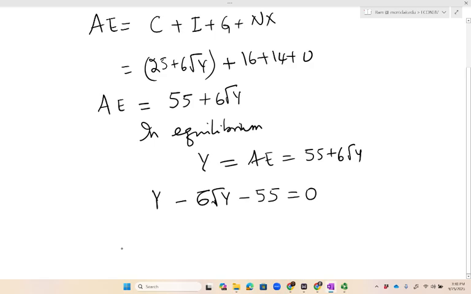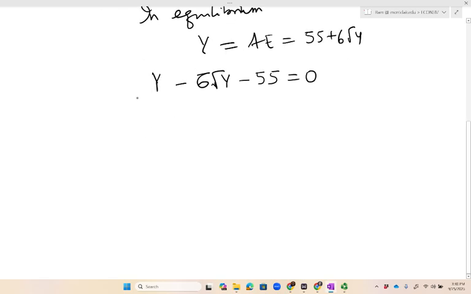Just to see how we are able to solve it, I will rewrite this equation slightly differently. I will write y to be the square of square root of y, minus 6 square root of y minus 55.